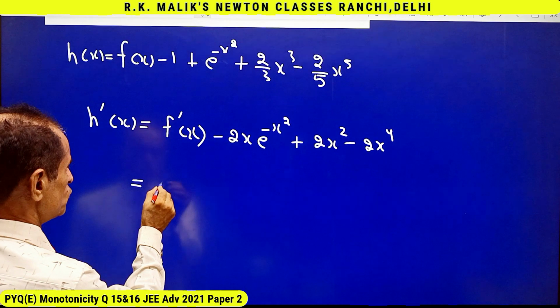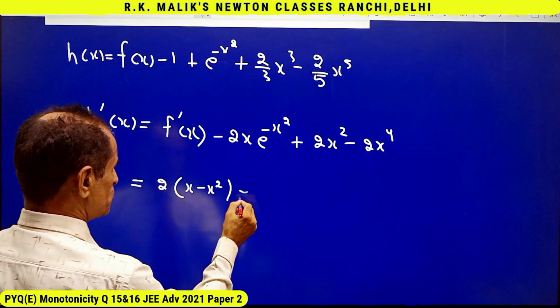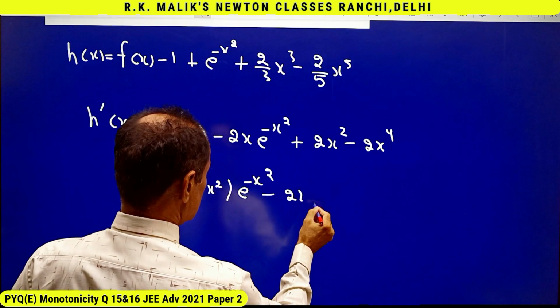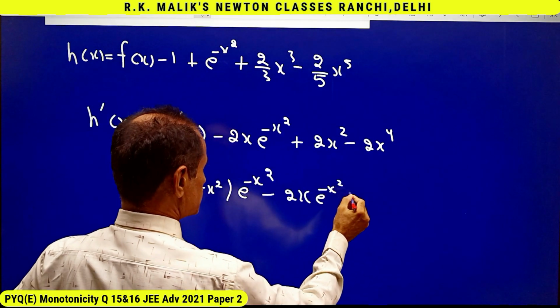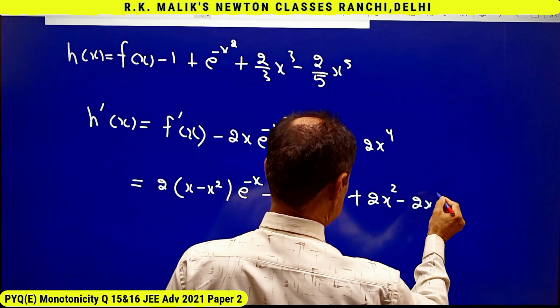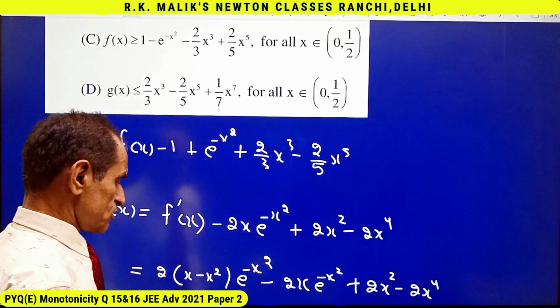Hence I have to check whether 2 into (x minus x square) e to power minus x square minus 2x e to power minus x square plus 2x square minus 2x power 4 is greater than 0 for these values of x or not.